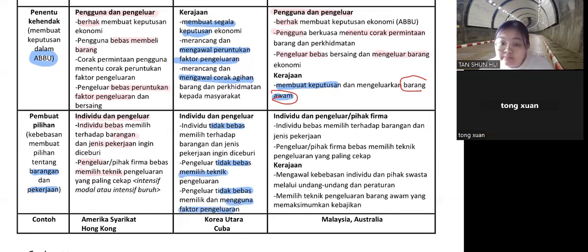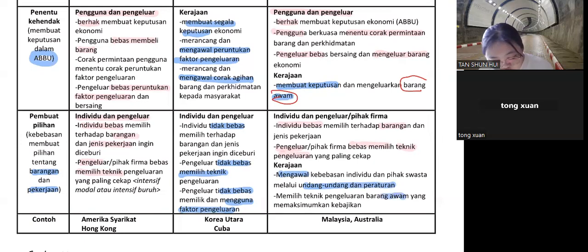No freedom at all. Alright, then campuran mix lo. Right, you are free, we are free. Okay, you bebas memilih barang. Company bebas memilih teknik. Kerajaan controls you using undang-undang.